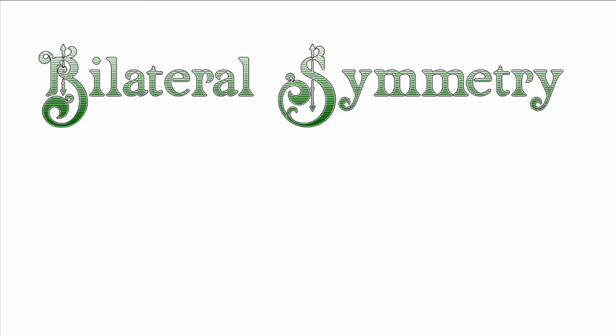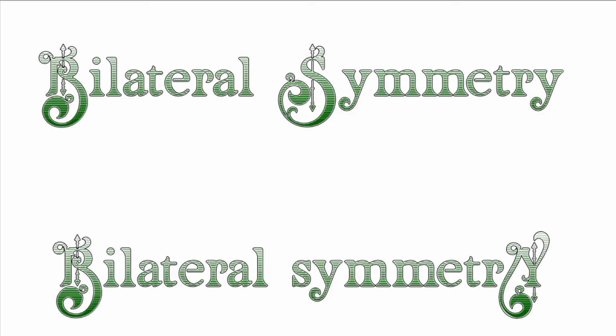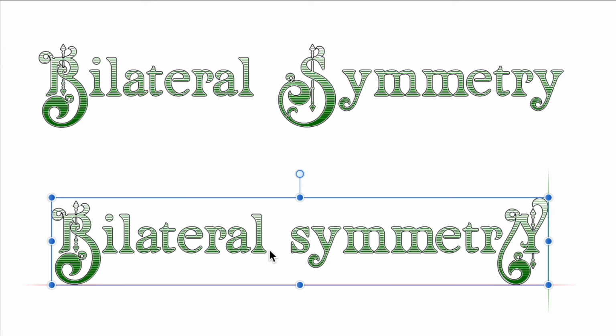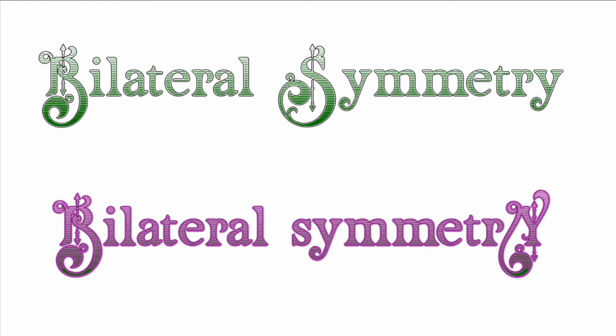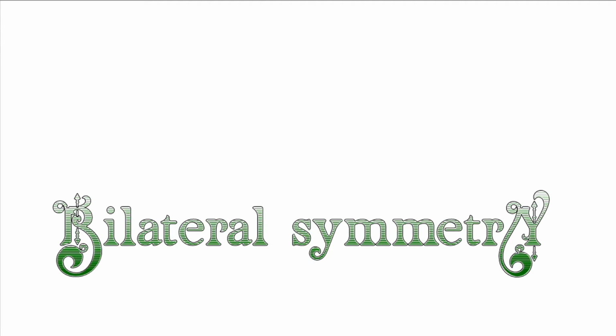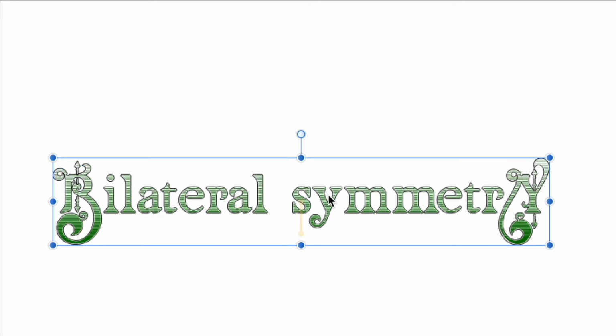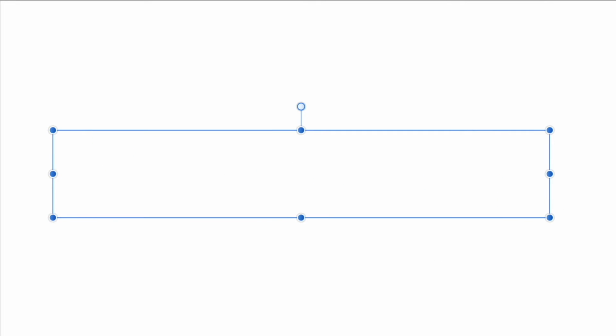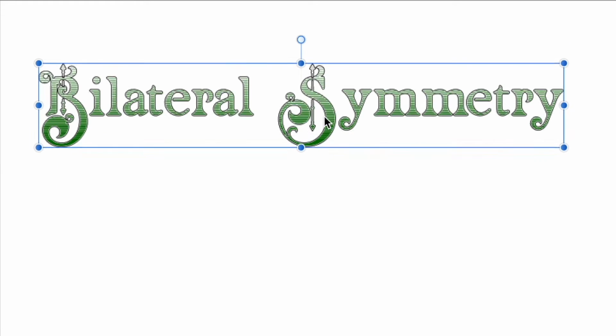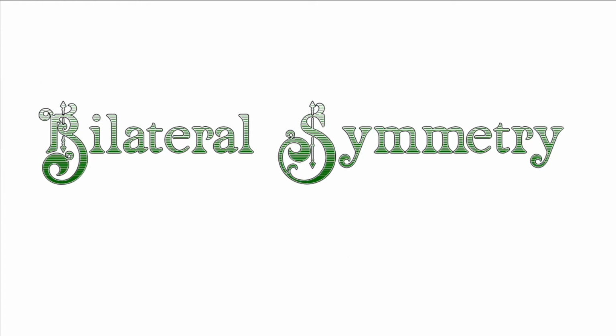But as an image, as a picture, it looks unbalanced. So another way to do this is like this, bilateral symmetry. Same words, I just changed the capitalization, so it's simply the letters on the outside, the first and last letter, that are capitalized. So to my eyes, this looks balanced, and this looks unbalanced.